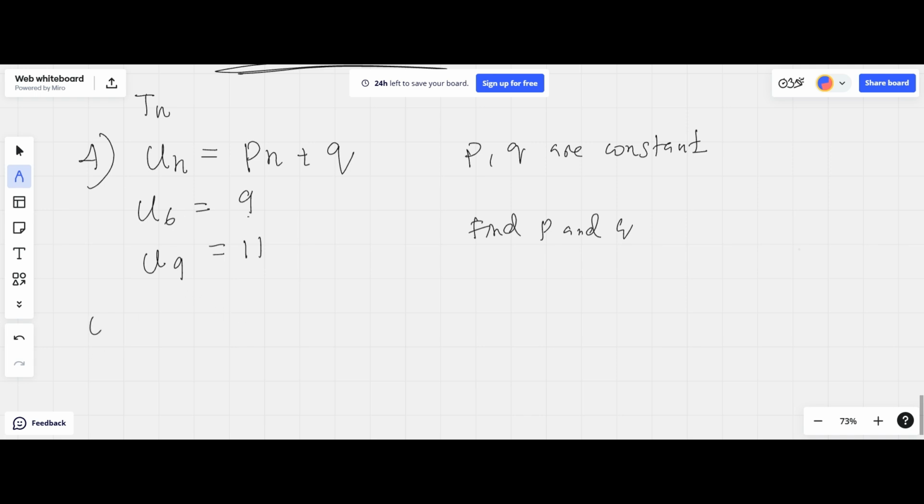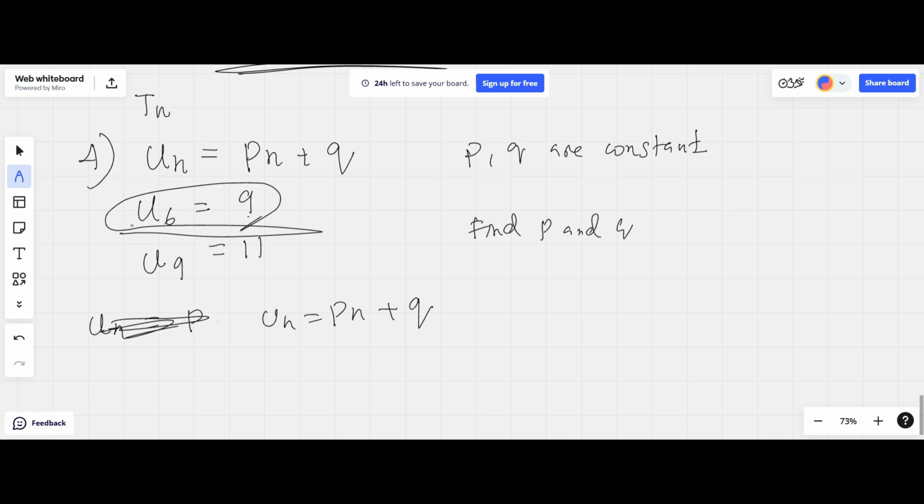We'll write the formula they have given: un is equal to pn plus q. What is the first data they have given? The sixth term is 9. So when n is equal to 6, u6 is equal to p into n, and n here is 6, so 6 plus q, which is equal to 9.